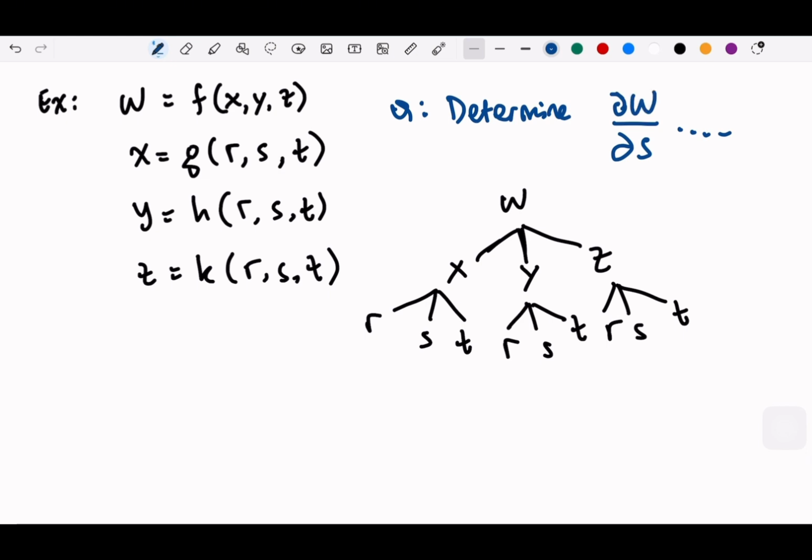Okay, maybe this will be better. So w will be our top function. So this will be one path, the second path, and the third path.